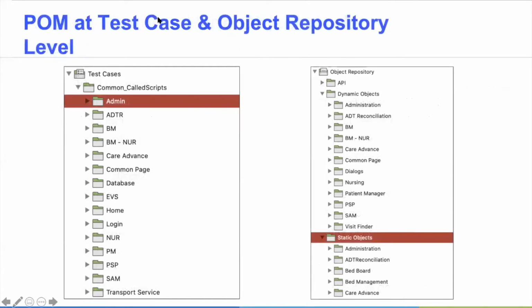And the team has to follow the process strictly or the page object model gets messy really soon. Because of all these disadvantages, Katalon recommends this practice: the page object model is stored at the test case and object repository level, and keywords are used just for adding capability only.